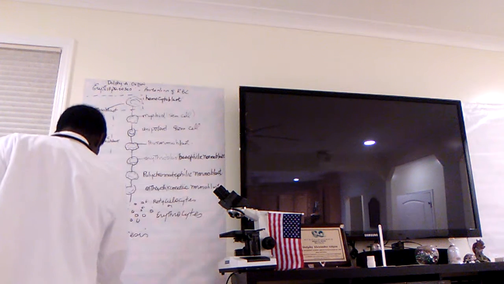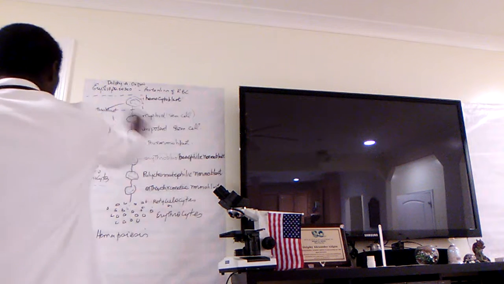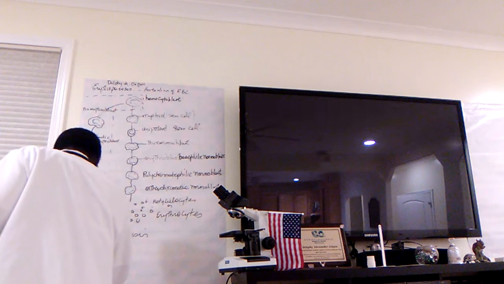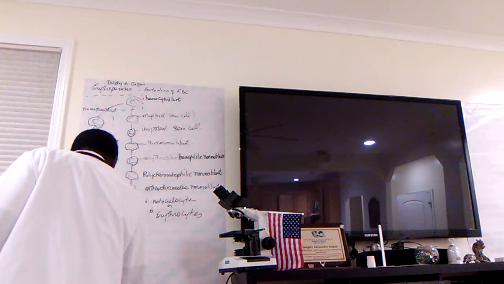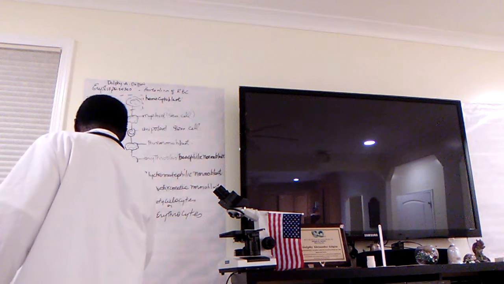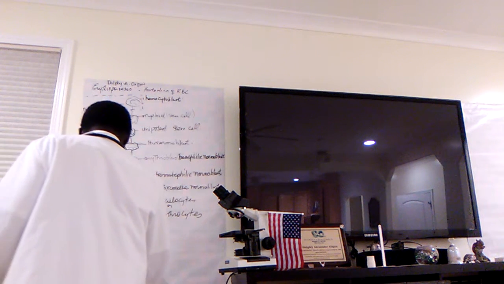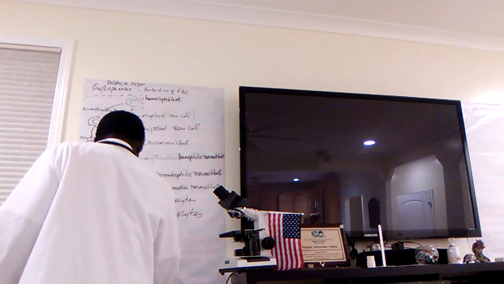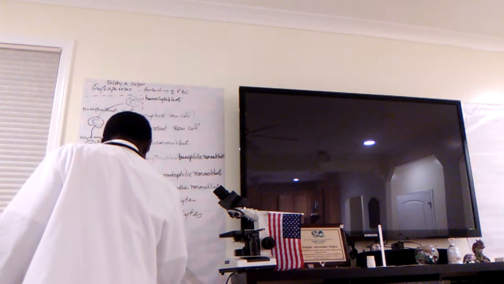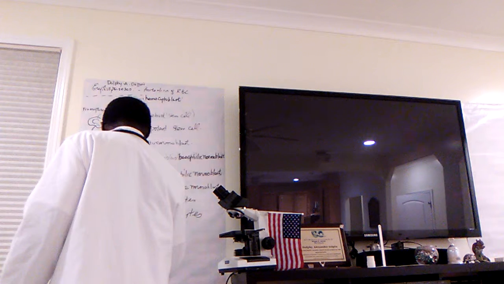Hemopoiesis, which is like the integrand, contains all of these other processes, which is the erythropoiesis, which is the production of red blood cells, and production of a white blood cell will be the leukopoiesis, which is the white blood cells.